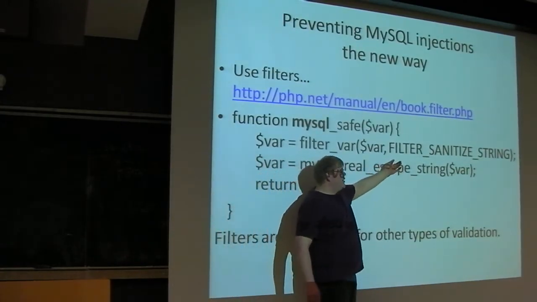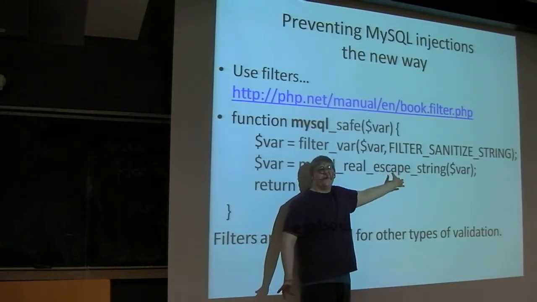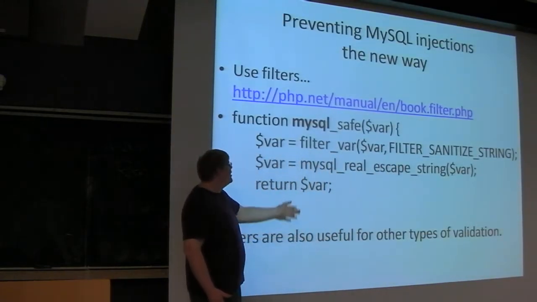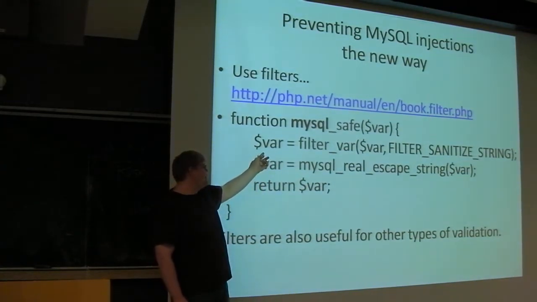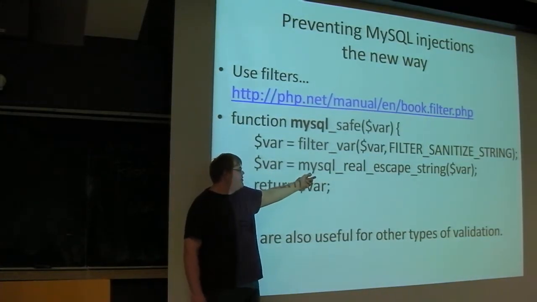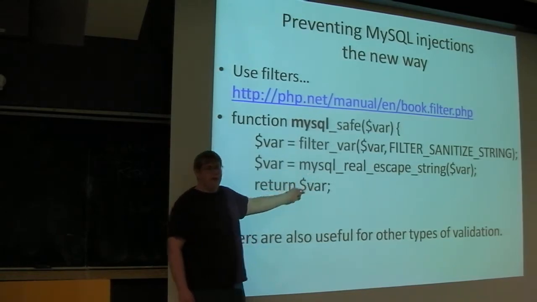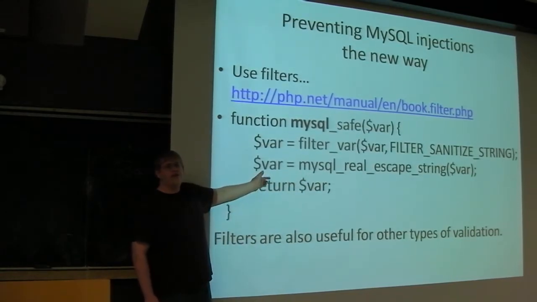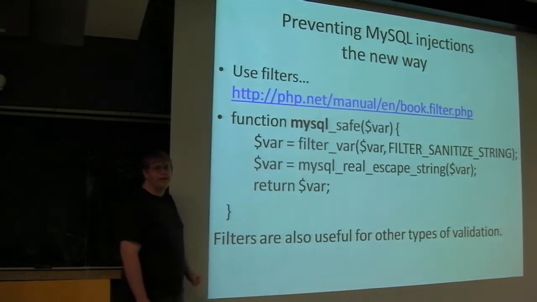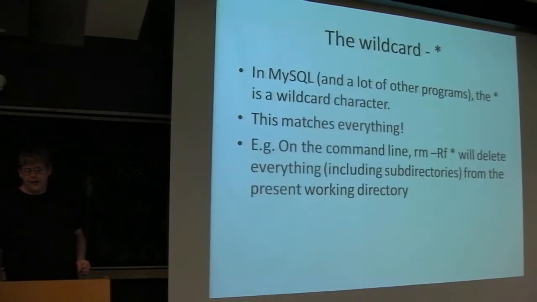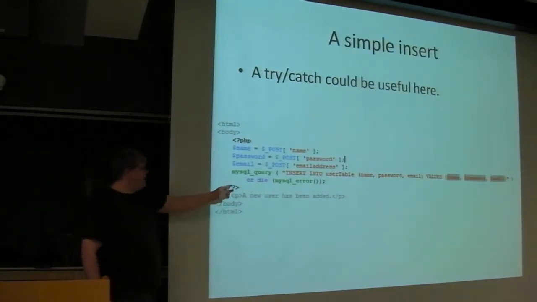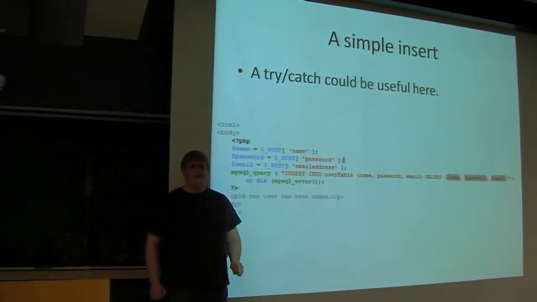So that may be FILTER_VALIDATE_IP, FILTER_VALIDATE_EMAIL, whatever, it's well documented. Then that could be a sanitized variable, which you pass into the real escape string, and that gives you a return of the variable, which is now safe to insert into the database. Then you can do the insert into your MySQL database.